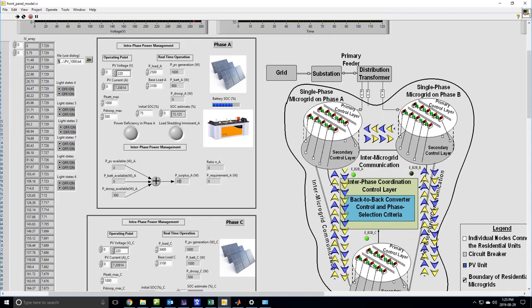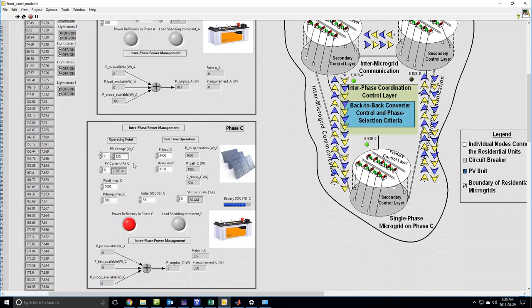Since there is no requirement for any power to be transferred to phase A, the P requirement remains 0, and the ratio of the amount of power to be transferred to phase A also remains 0 because there is no interface requirement for phase A.